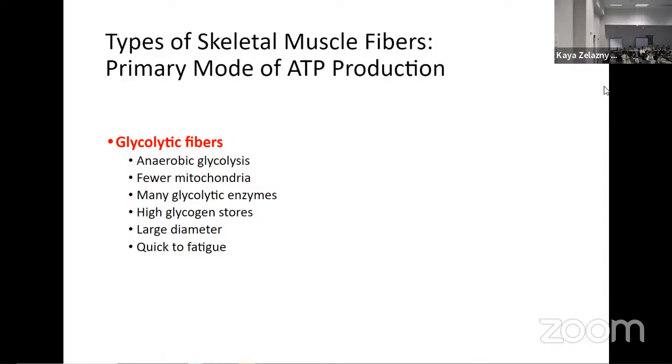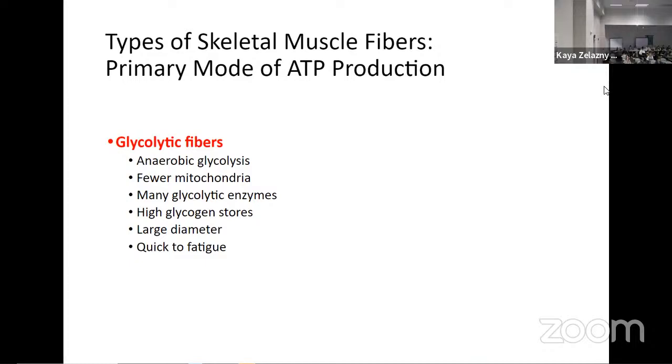Okay. So the other characteristics of glycolytic fibers are also linked to that fact that they do glycolysis specifically. Glycolysis is happening out in the cytoplasm, unlike the rest of our aerobic respiration, where we had all that electron transport chain oxidative phosphorylation stuff happening in the mitochondria.